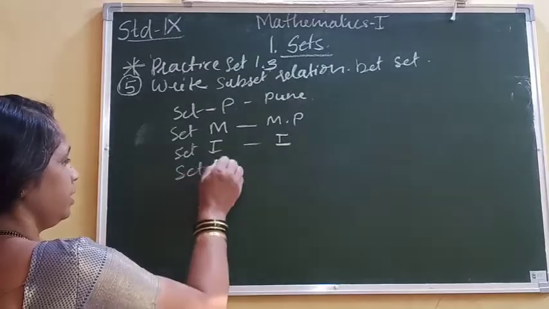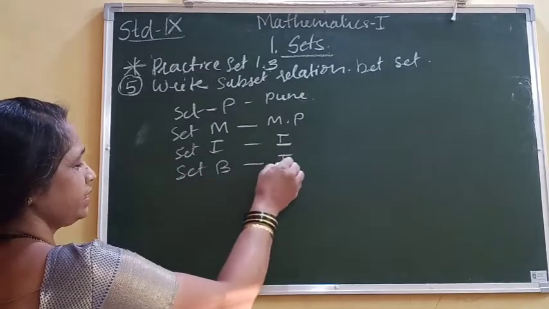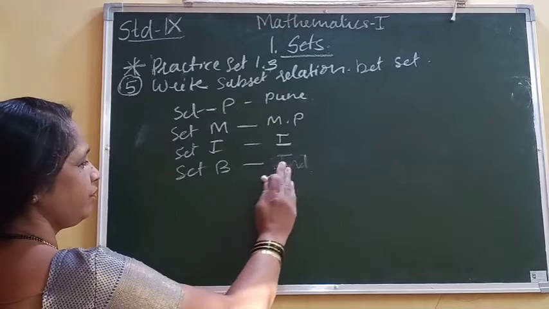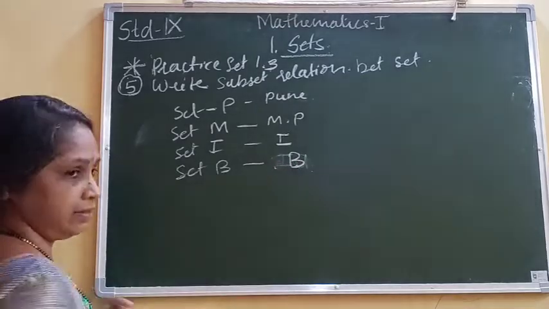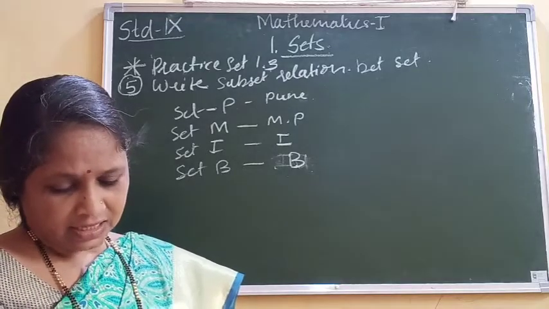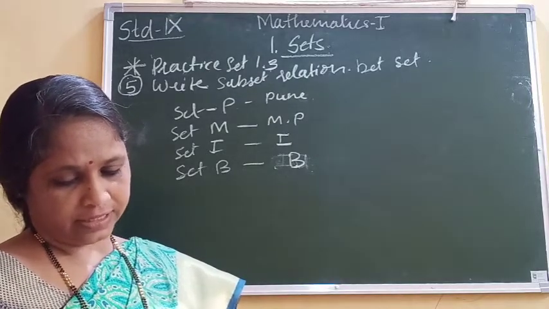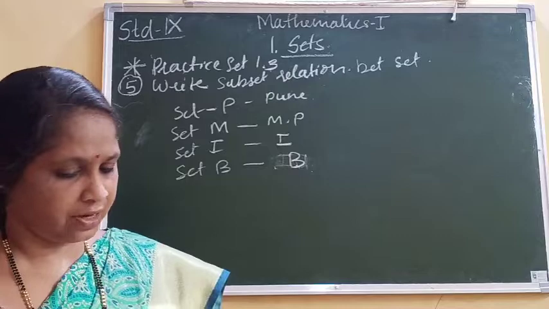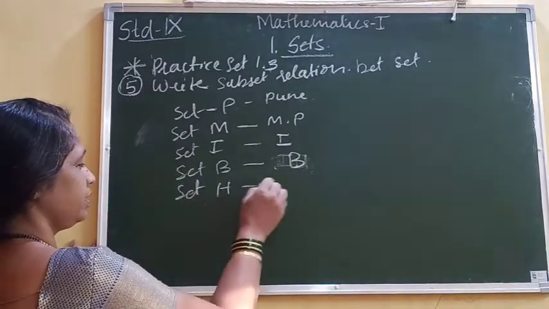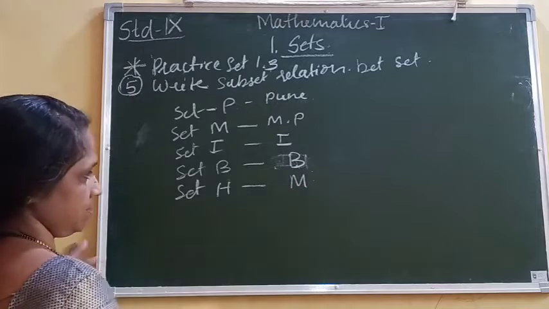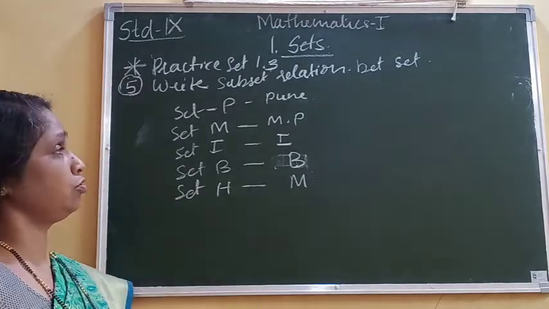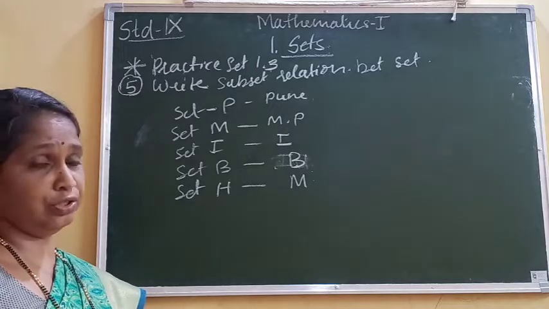Set B represents all residents in India. India we will write as Bharat, so B we will write for Bharat. Then next, H is the set of residents in Maharashtra. H represents Maharashtra.